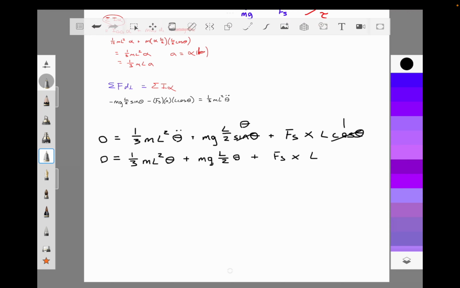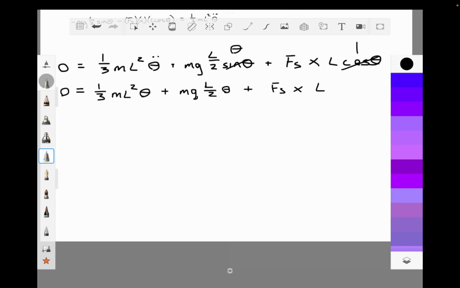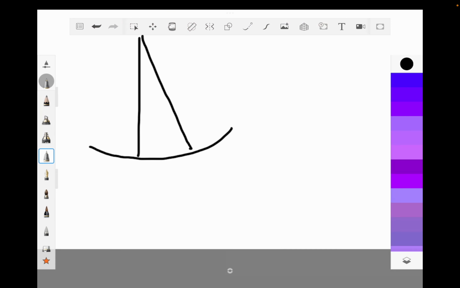We do know x, but we have to rewrite it. Because it's a circle, if you recall, the linear distance of a circle is equal to r times theta. This is the linear distance of that corner piece of the circle, and this is theta.